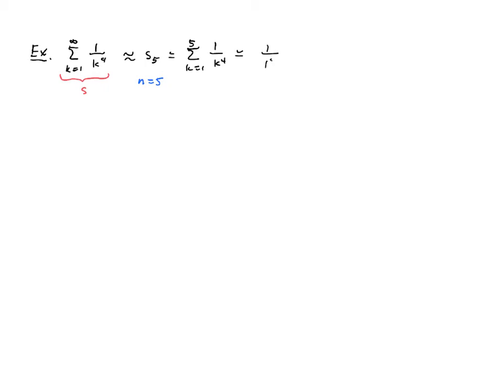So that's 1 over 1 to the 4 plus 1 over 2 to the 4, and so on, up to 1 over 5 to the 4th. And if you plug this into your calculator, you get that this is approximately 1.08035193.